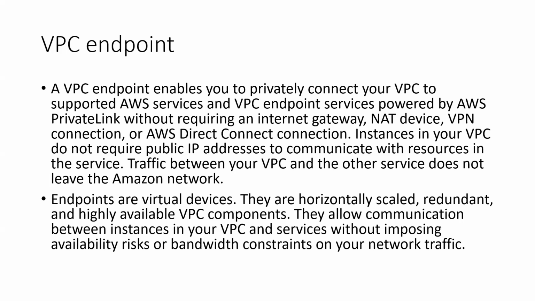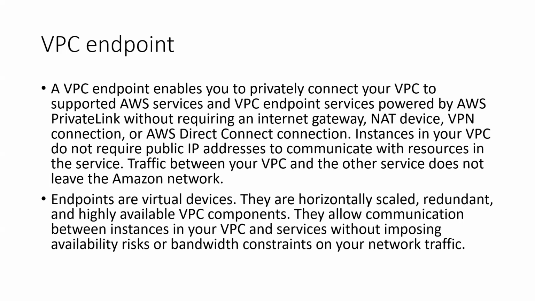It supports DynamoDB as a gateway endpoint, and it can support S3 also as a gateway endpoint. But for these two services, you don't have to go to the public internet. You will never go to the public internet. Your packet will not leave AWS data centers. Without your network packet leaving the AWS data centers, you will be able to connect to your S3, or talk to your DynamoDB.